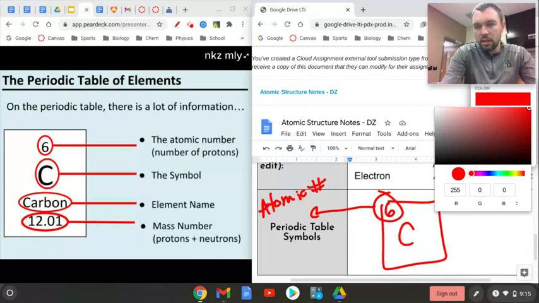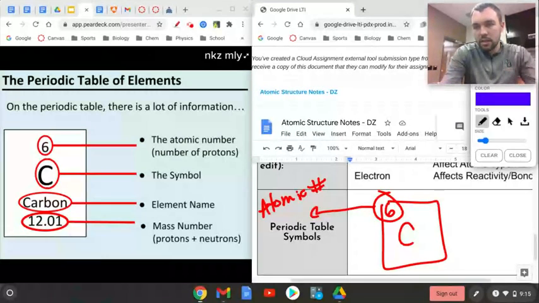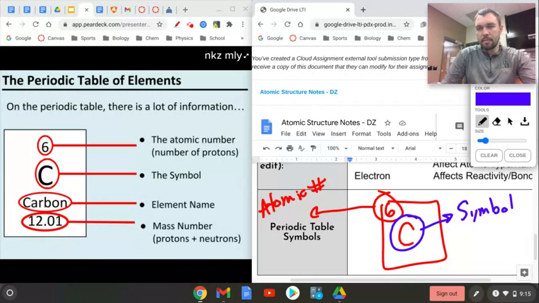Let me change colors here, so it'll stand out a little bit better. That's the symbol. You will not need to memorize these or anything, but it's the symbol we use to show that it's carbon without actually writing out that it's carbon. We'll just use a C for it. The one key thing is that there will only be one capital letter for each symbol.